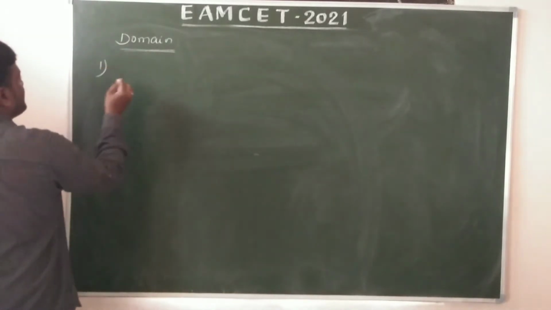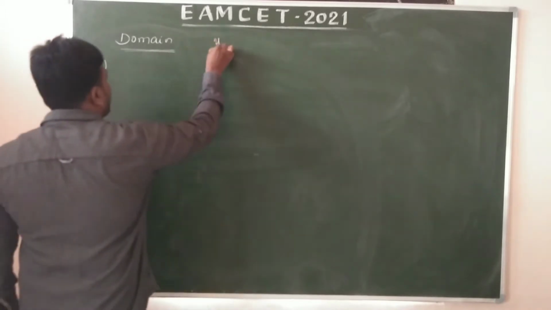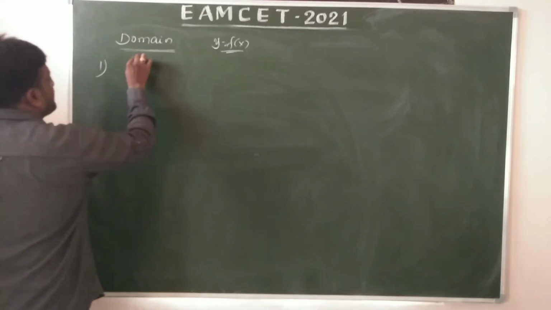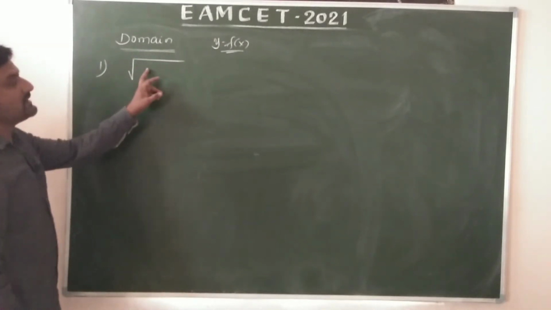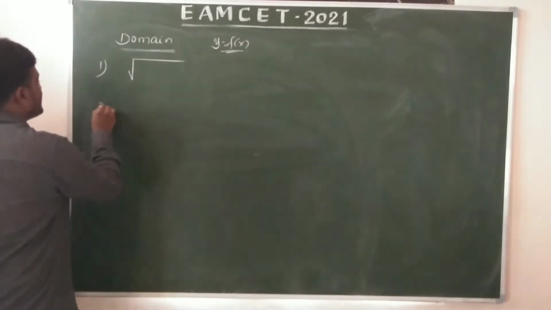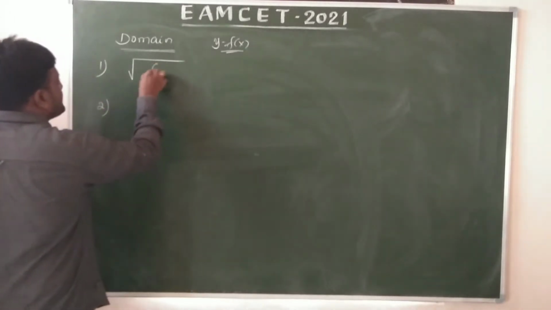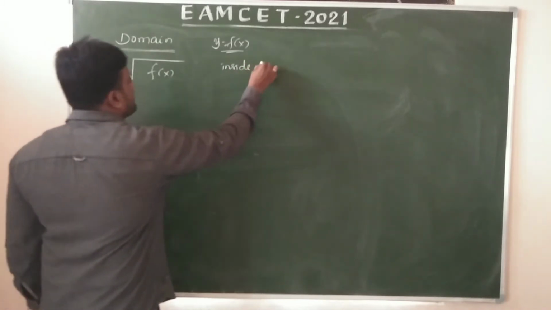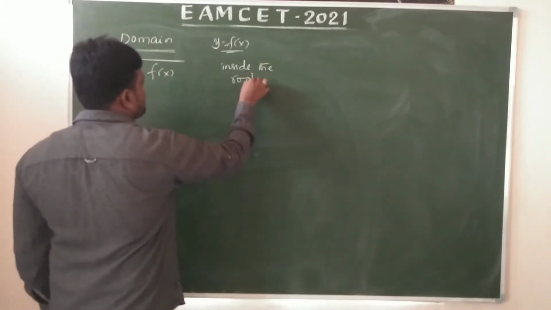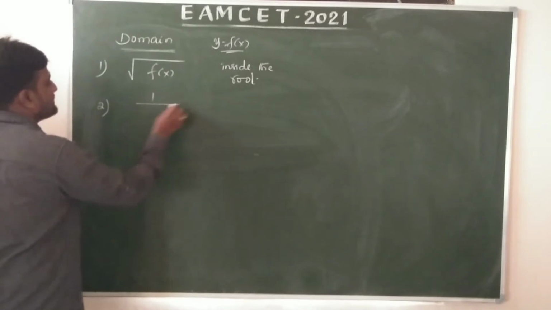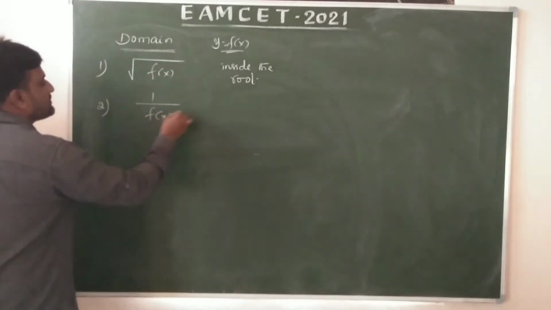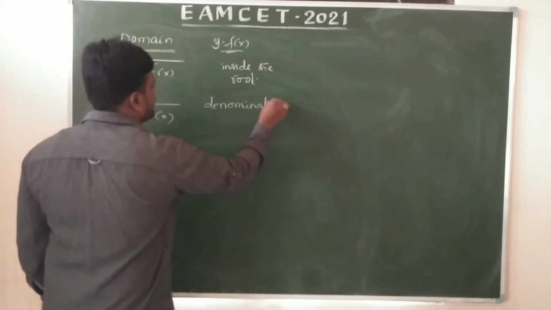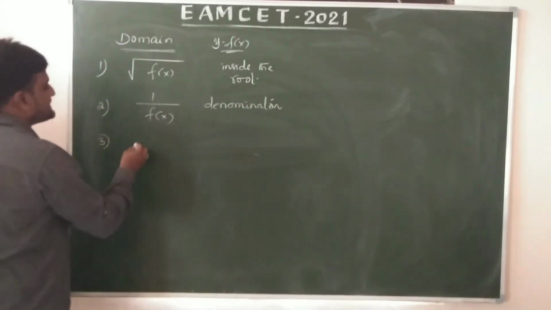The first one: the function y equals f of x is a function, then it is inside the square root, inside the root; as a denominator; and inside the log function.